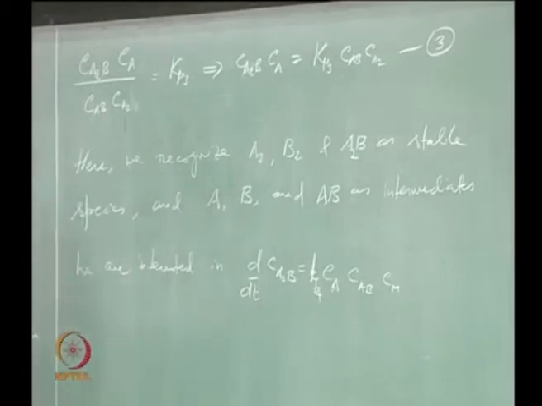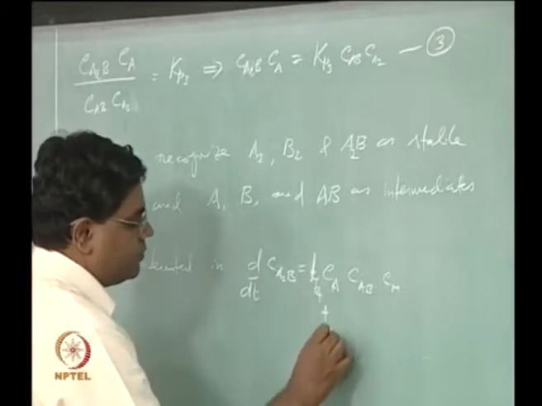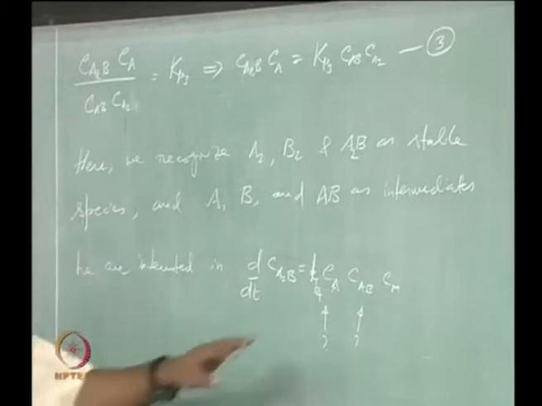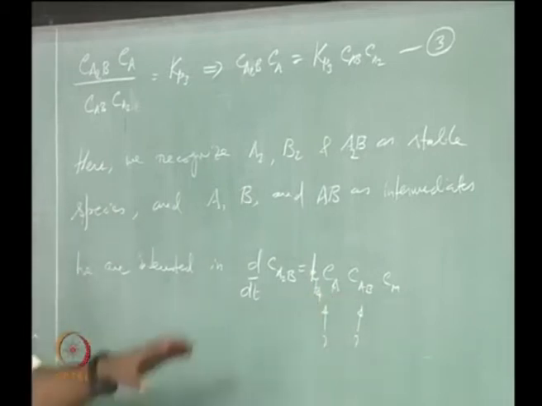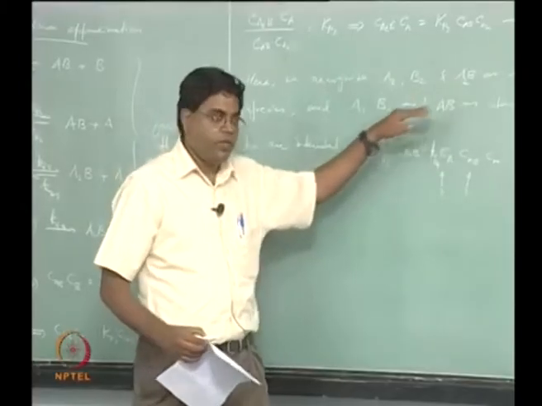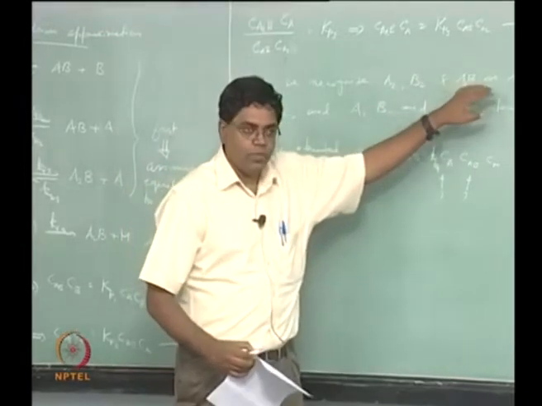But we need to know what these are, the concentration of A and concentration of AB, which are intermediates, okay, in terms of concentrations of the stable species in the system, namely A2, B2 and A2B.